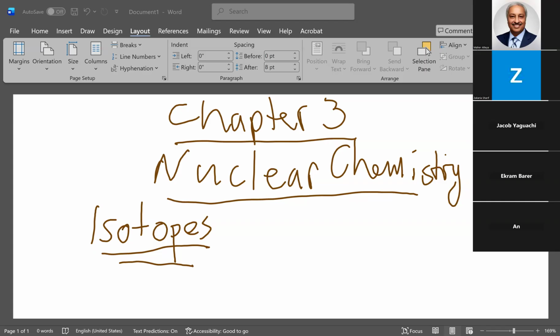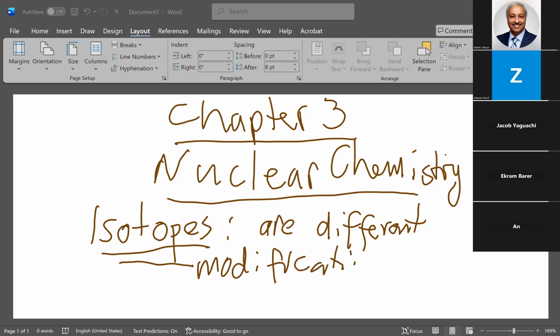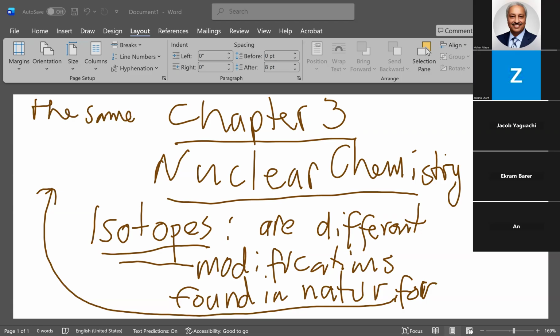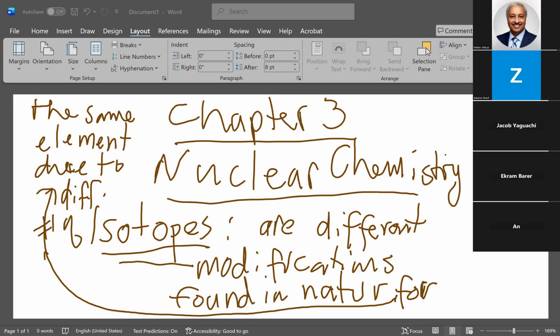So isotopes are different modifications found in nature for the same element due to different number of neutrons.